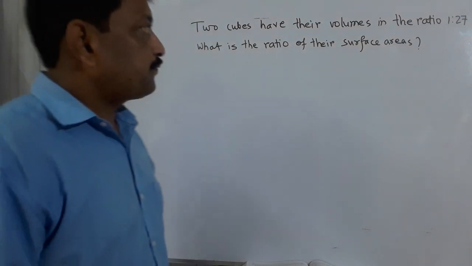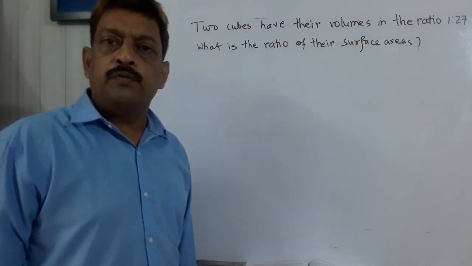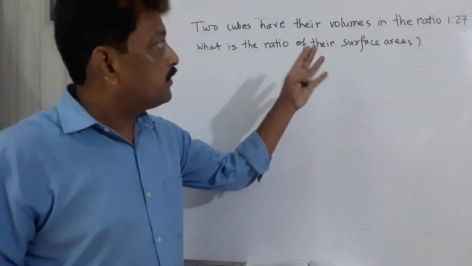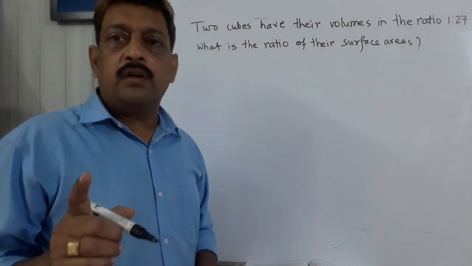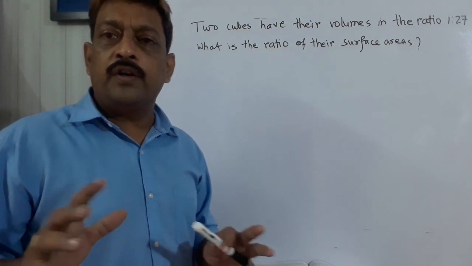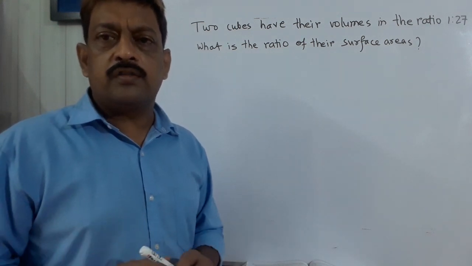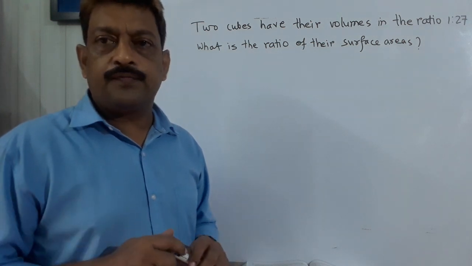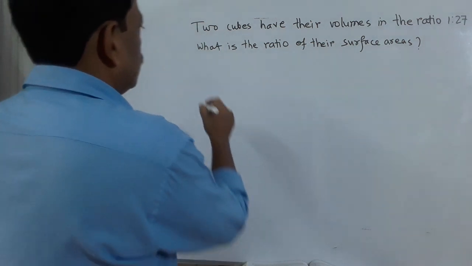Now see here, each side of the cube is not given, but the ratio of their volume is given. So from there we can draw one relation between the sides of the two cubes.